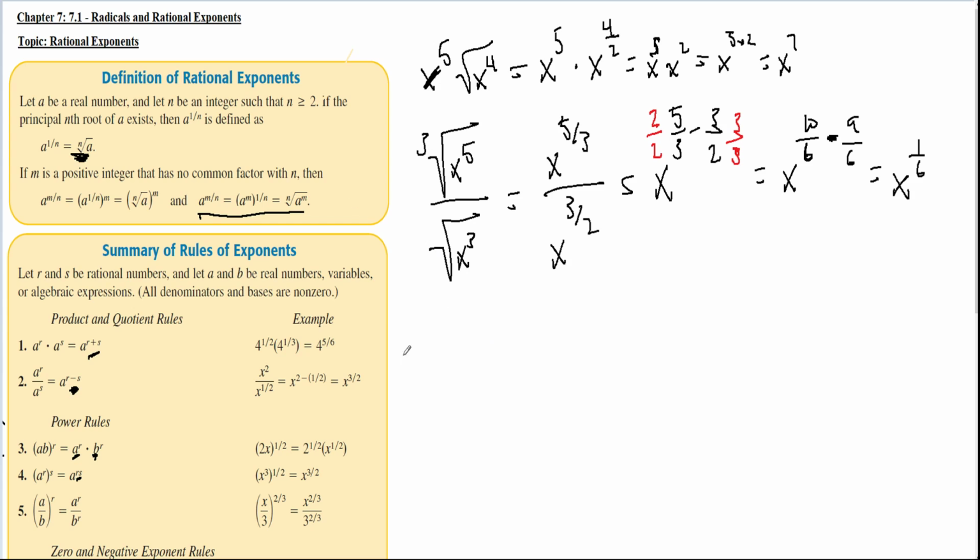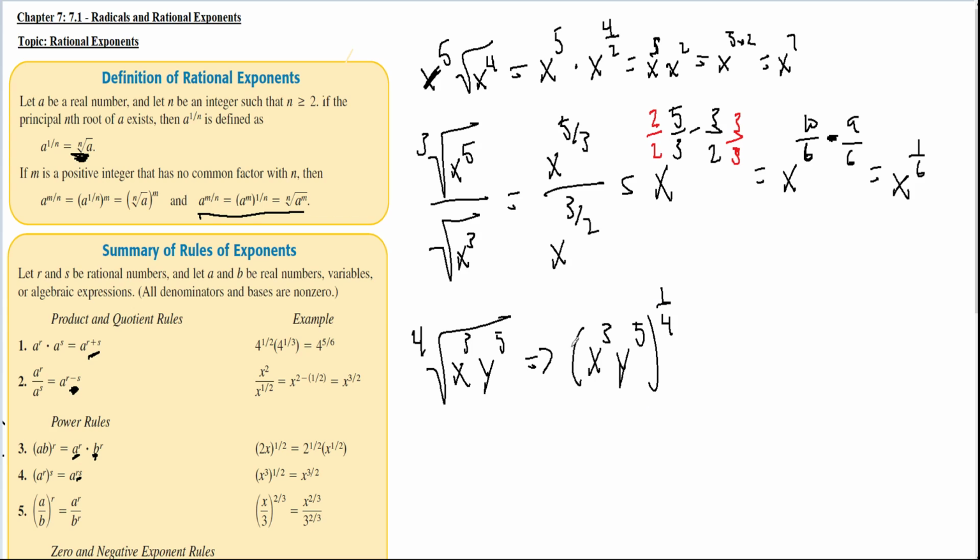The next thing that we want to look at is the fourth root of x raised to the 3rd power times y raised to the 5th power. Again, I want to use my definition and rewrite this radical as x raised to the 3rd power times y raised to the 5th power, all raised to the 1/4 power.